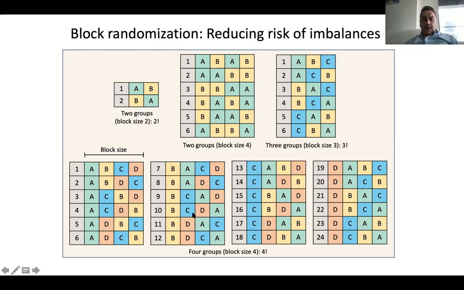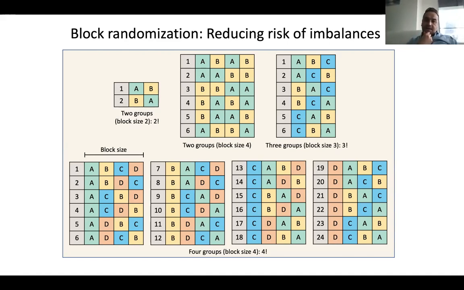And then what happens if you have 4 groups and you have a block size of 4? You have 24 possibilities. So it's going to be really, really difficult to guess this last one, right? But still, the problem is that it is still possible to guess.